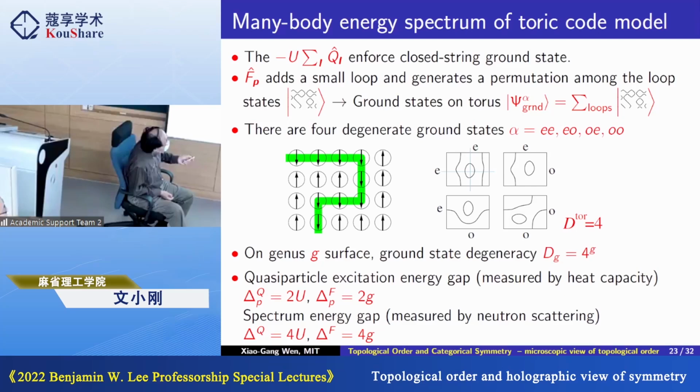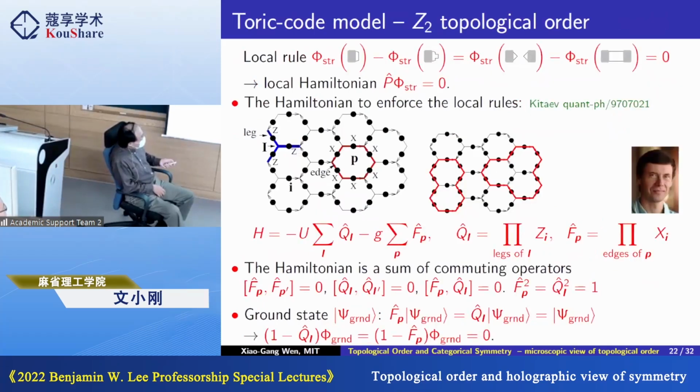However, if you study excitations in the topological model, there's an interesting feature. As I mentioned, the ground state means that F and Q equal 1. But we know F and Q have eigenvalues plus or minus 1. If you change the wave function to make one Q equal to minus 1, then you increase the energy by 2U.